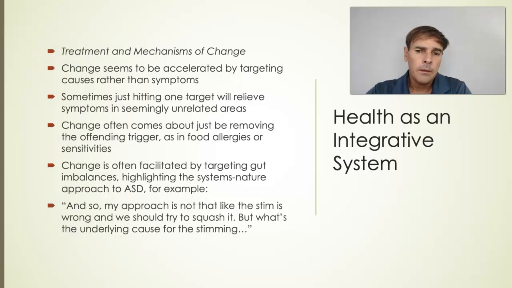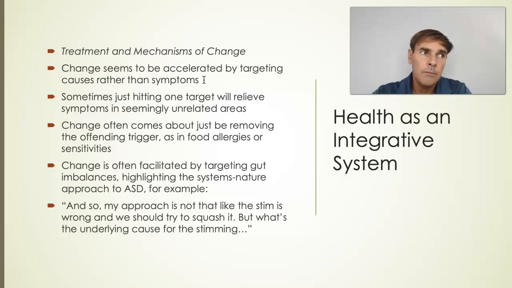And then, health as an integrative system, the treatment and mechanisms of change seem to be accelerated by targeting causes rather than symptoms. So the process of identifying the cause may take more time, but once you identify it and work on it, so many other things resolve so much quicker. Children with autism may be in behavioral programs for 10 years at enormous cost, and not just financial, but the cost in time, to the family members, and the stress on the child.